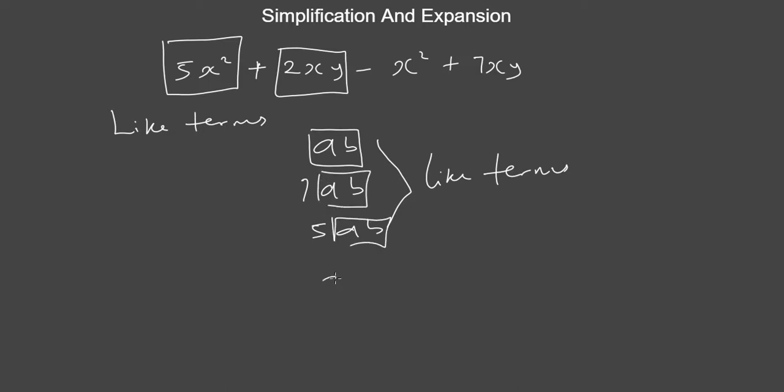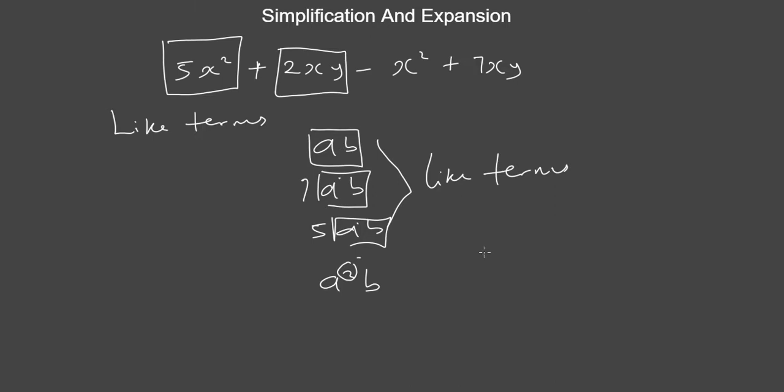But if I have A squared B, this is not alike when compared with these three, because the exponent here is not the same as the exponent here. So this term is not a like term compared to these three terms.